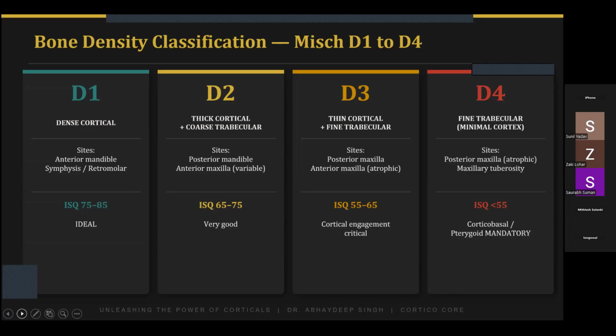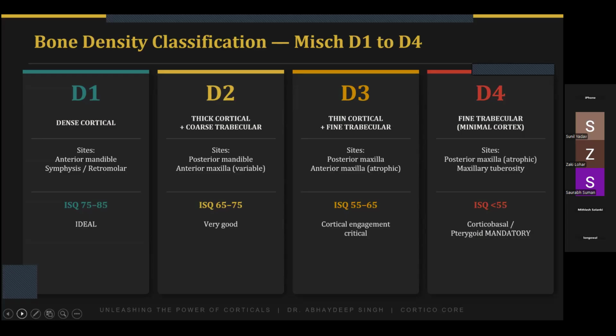But you do not want pressure osteolysis as well. You do not want your bone to go away because you have put much more pressure than it can withstand. So the threshold of your dense cortical bone is way beyond 100, but you need to keep your ISQ value not more than 85 or 90. You just leave your implant, you just give the primary stability.